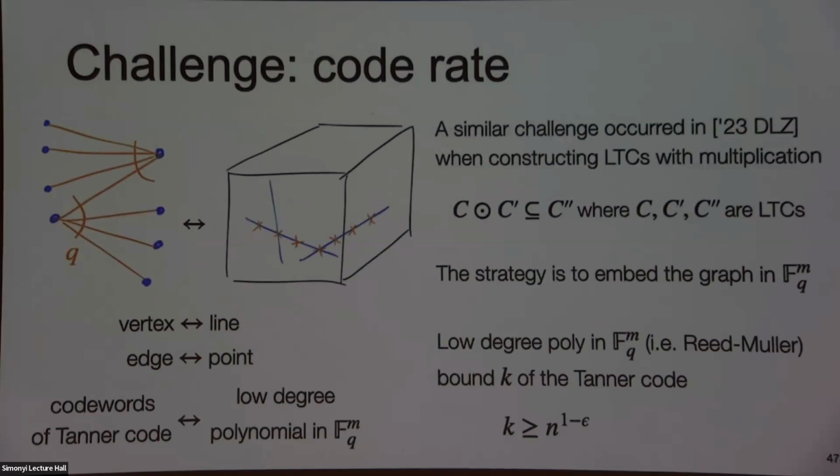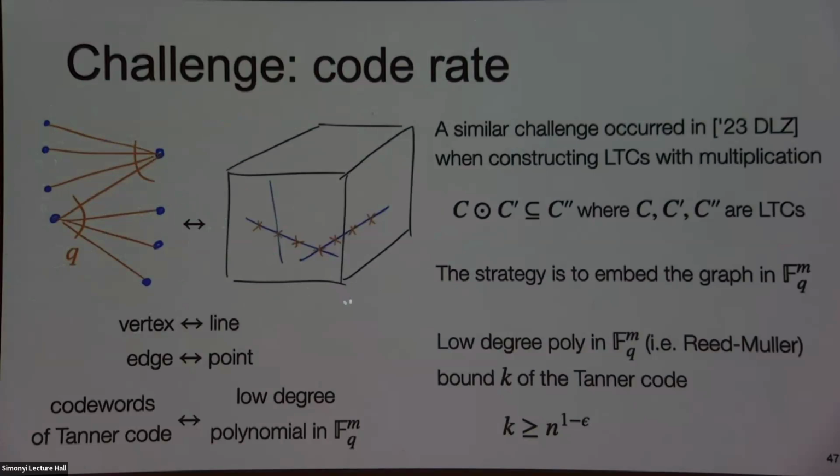I'll just pose an interesting question here, which is that in this context we want to lower bound the code rate, but the traditional way of bounding is not so easy. What we encounter is the question of how to embed a graph inside some vector space. On the left, we see a graph with vertices and edges.